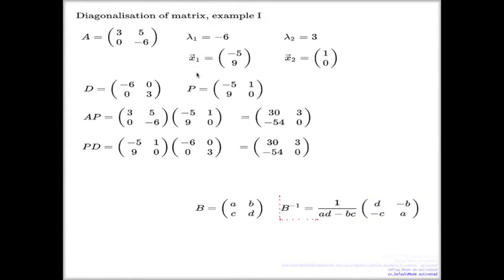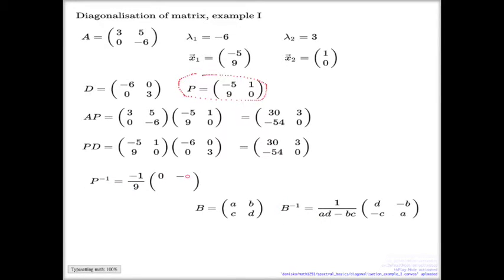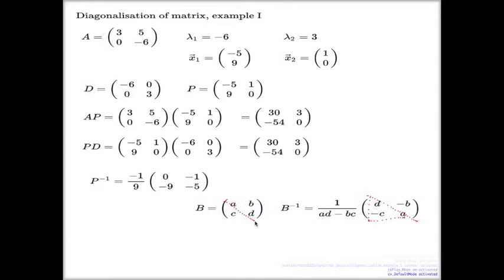If I use this formula for my P, here it is. Here's a usage of this formula for P. I claim that the determinant here is negative 9. It's true. It's 0 take 9. It is negative 9. And then I just rearrange the entries in the way it is shown here. I just flip the entries on the diagonal. You see, A and D swap places, 0, 5, and I just negate the other entries.